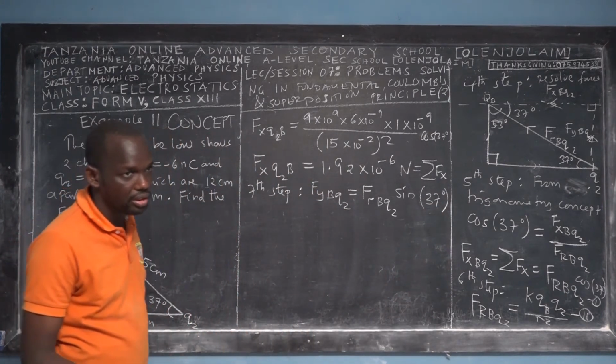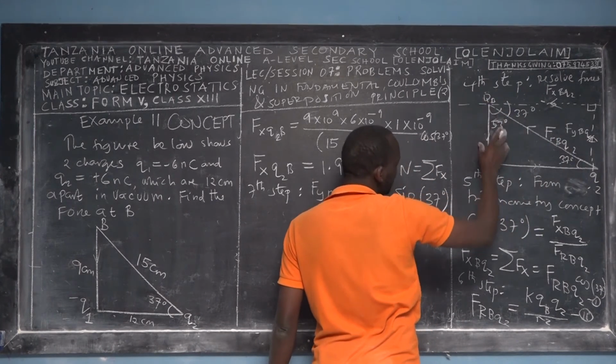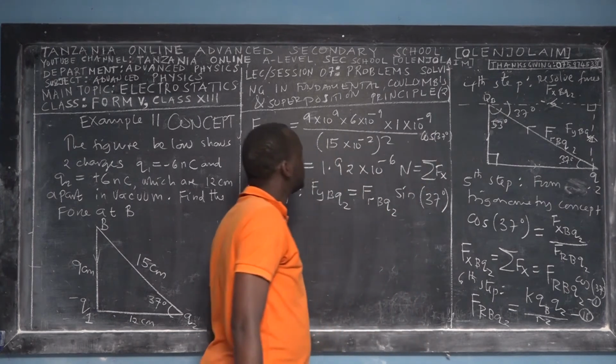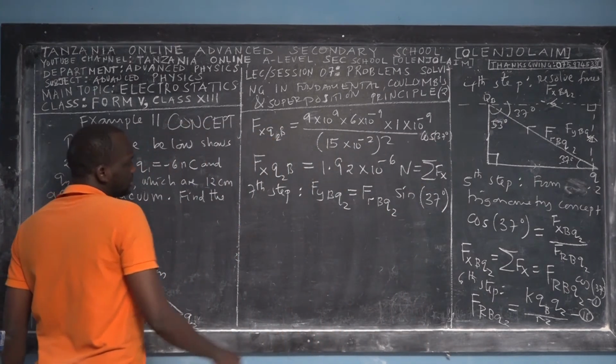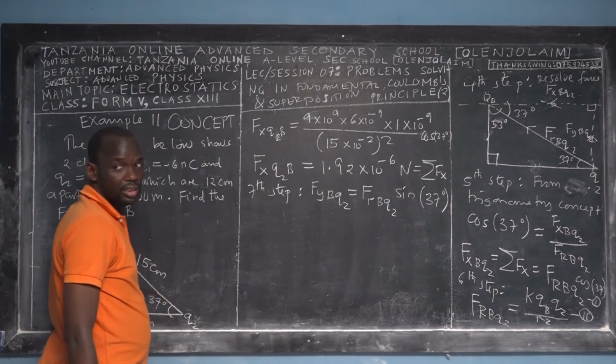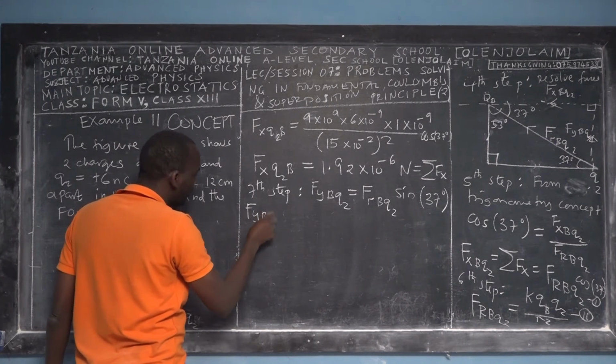Have you understood? This is just like a right angle triangle. You know this one. You are looking for this side and this side. Okay, you understand? So if that's the case, the value of this one is what you have there. The only thing is you just change the trigonometric function.